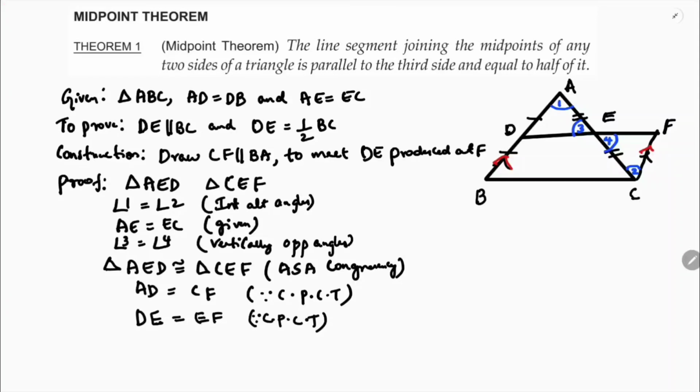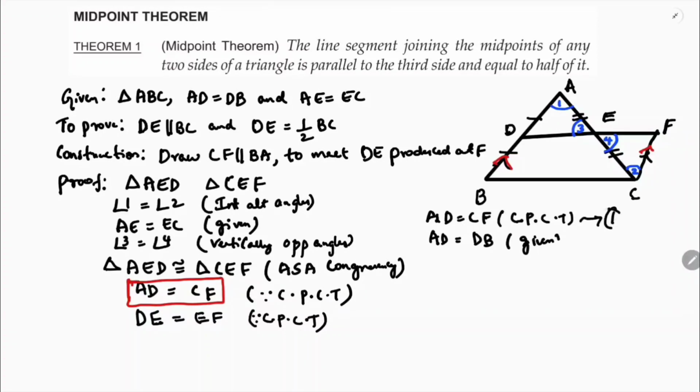Now, I'll use this one first. AD equals CF, we just wrote, because of CPCT. But AD equals DB, given. Consider this as equation 1 and this as equation 2.